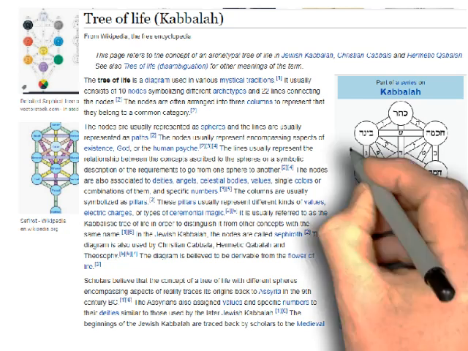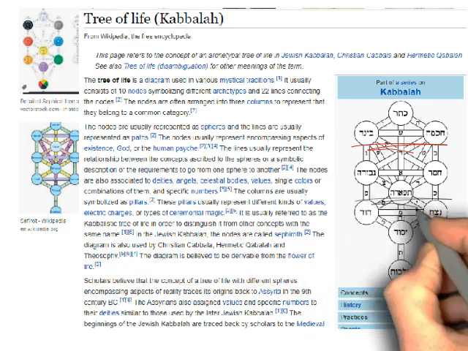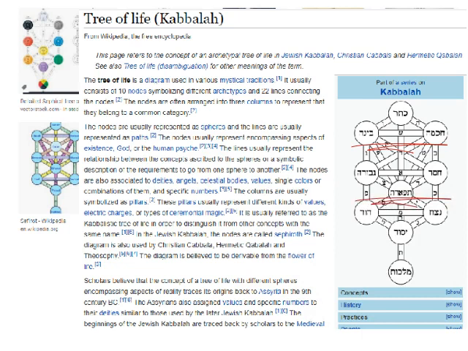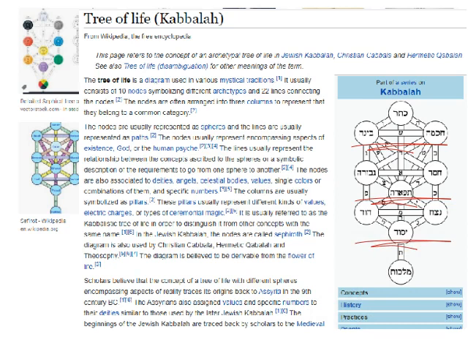Now starting at the top triangle, the Sephirot are named the crown, understanding, and wisdom. The middle triangle is on the left side mercy, on the right side severity, and beauty in the middle. The bottom triangle is on the left side victory, the right side glory, and foundation in the middle.